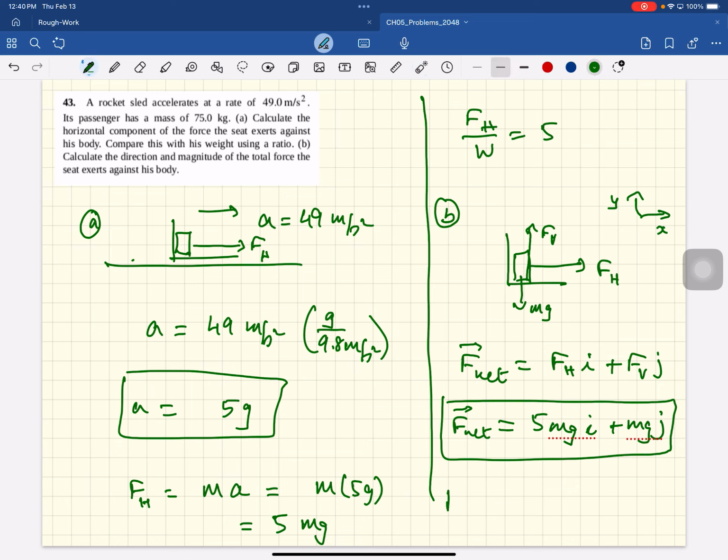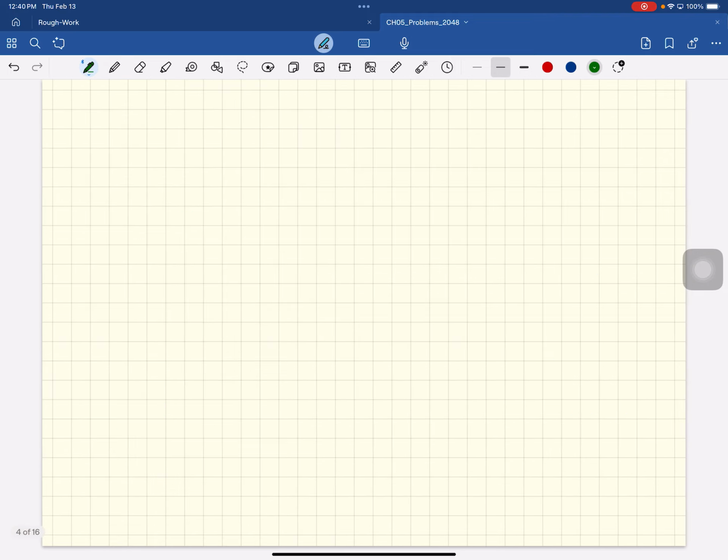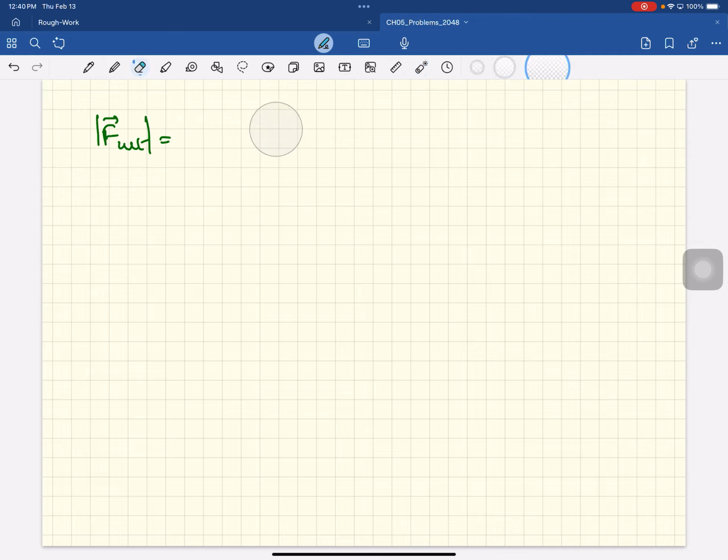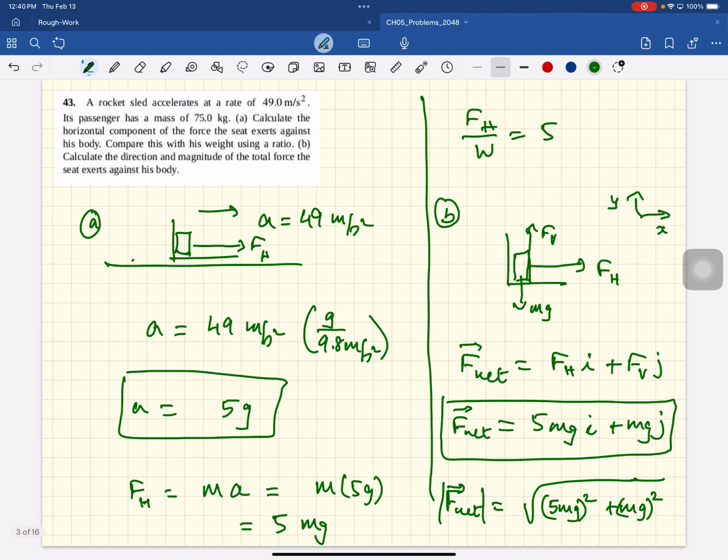So the magnitude is the square root of 5 squared, which is 25, plus 1 squared, times mg squared. mg squared is common.